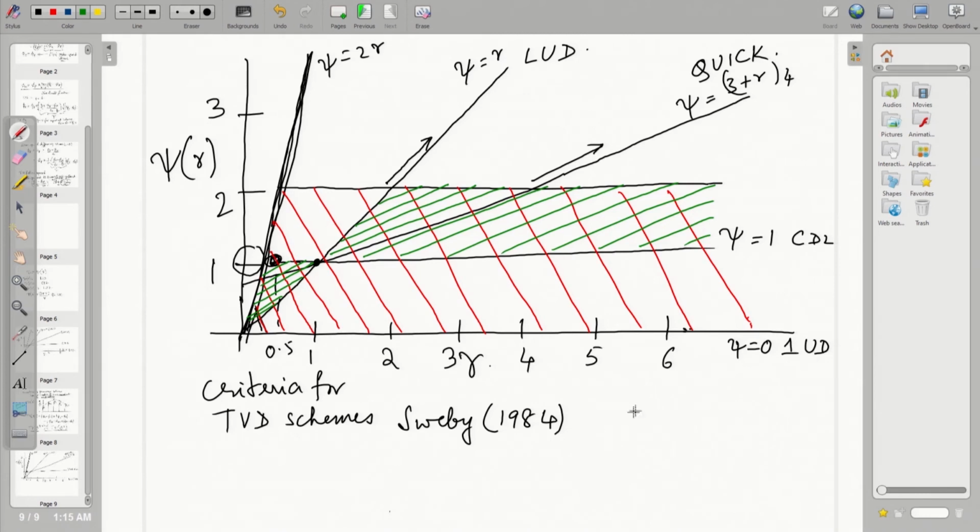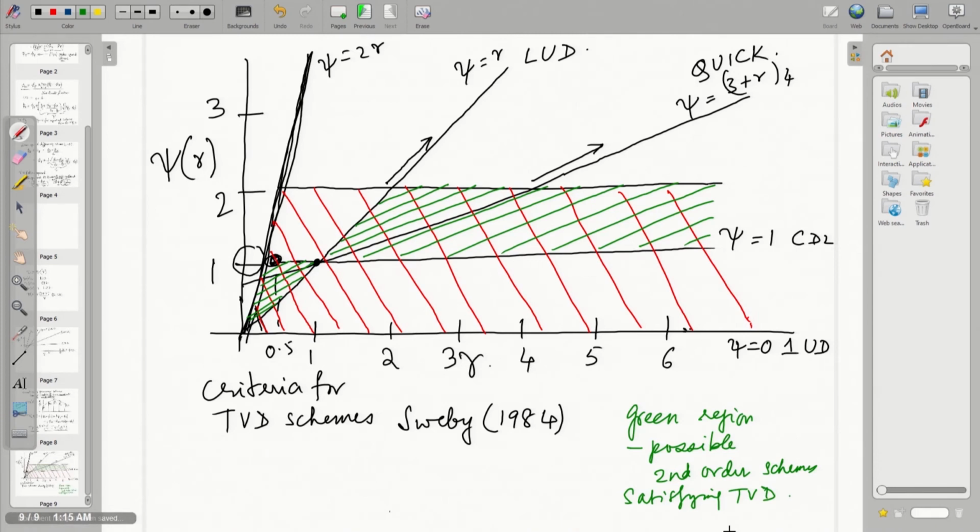So, the green region is a region for possible second order schemes satisfying TVD. Always remember that these regions are necessarily passing through this point (1, 1).